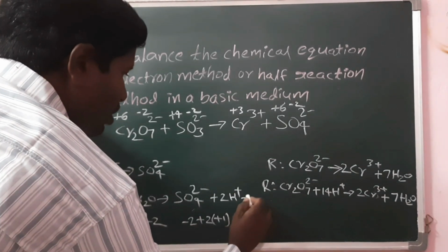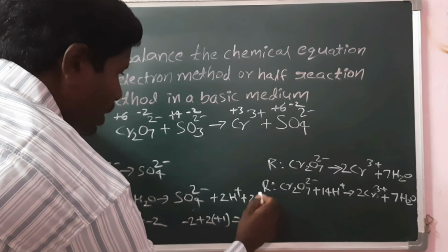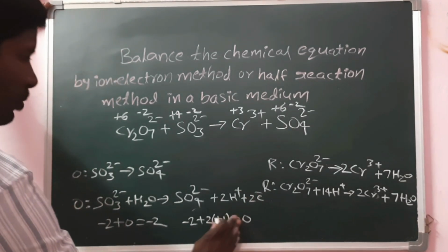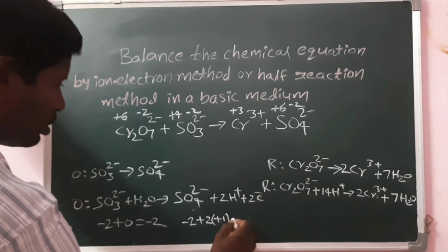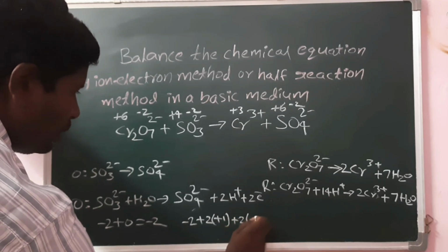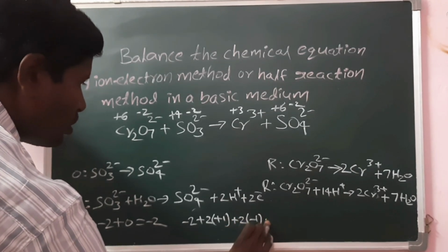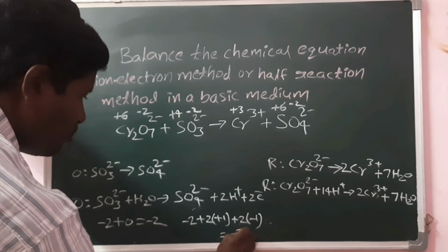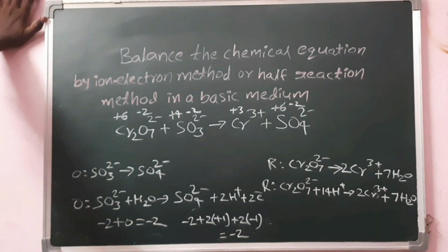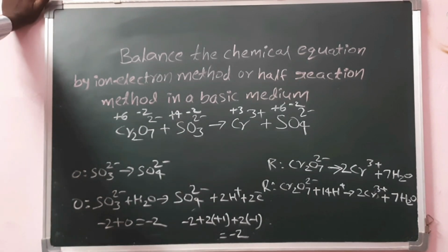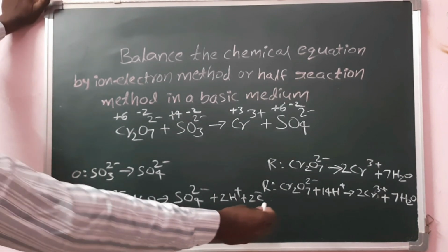So we can add 2 electrons to the right side. Now here 2 into -1 equals -2. So the addition of charges are equal in the oxidation half reaction. Now you can equalize the addition of charges in the reduction half reaction.